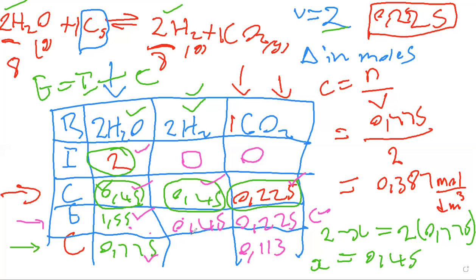So if it is 0.45 divided by 2, then I get 0.225. Now we calculate our Kc.